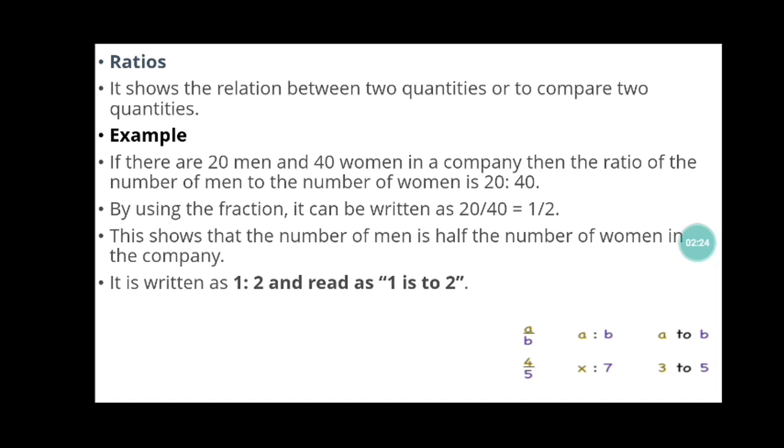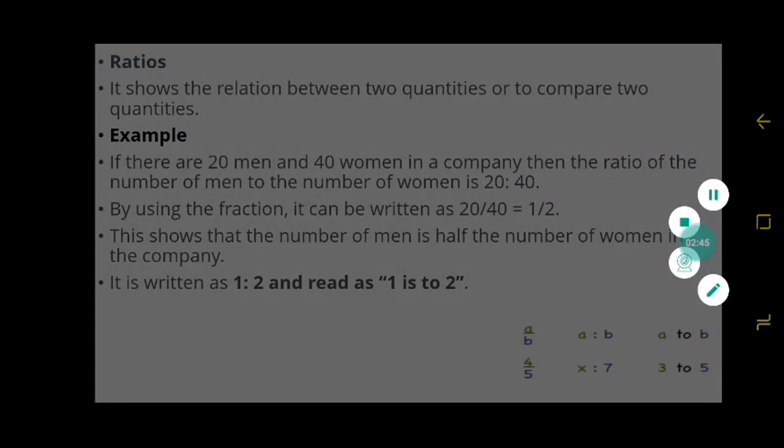So for 1 ratio sign 2, we write 1 ratio sign 2, that's my answer. But how will I say it? I will say 1:2, that's my answer. To clear your concept, I have shared one picture you can see, and let us start with one question and then we will solve it. So let us start.